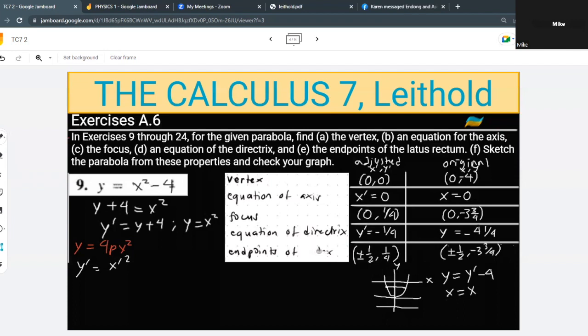Okay, and endpoints of the latus rectum. Paki-rewrite yan. Plus or minus 1/2, and then y prime, so 1/4 minus 4.